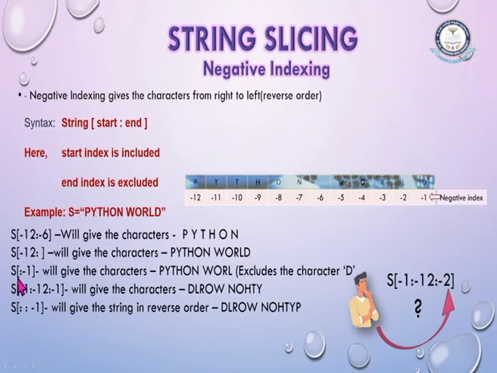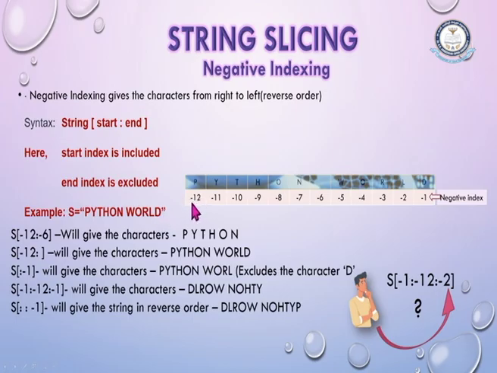And what if you skip the start index when you are using the negative index? For example, in this case the start index is skipped. We have not mentioned the start index, only the end index is mentioned. So by default the start index will be -12.